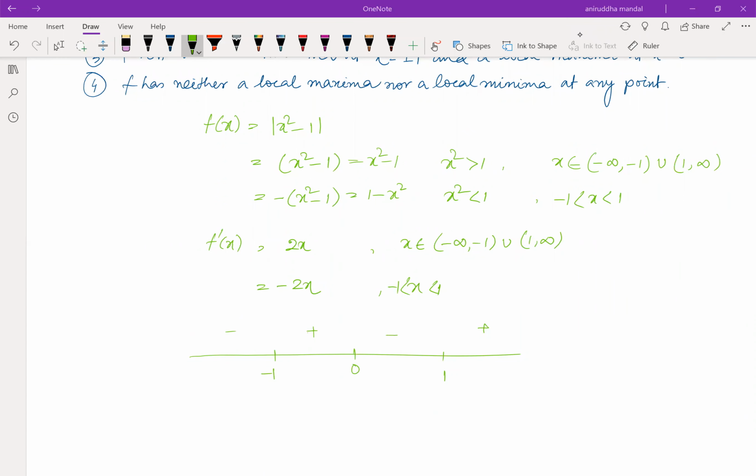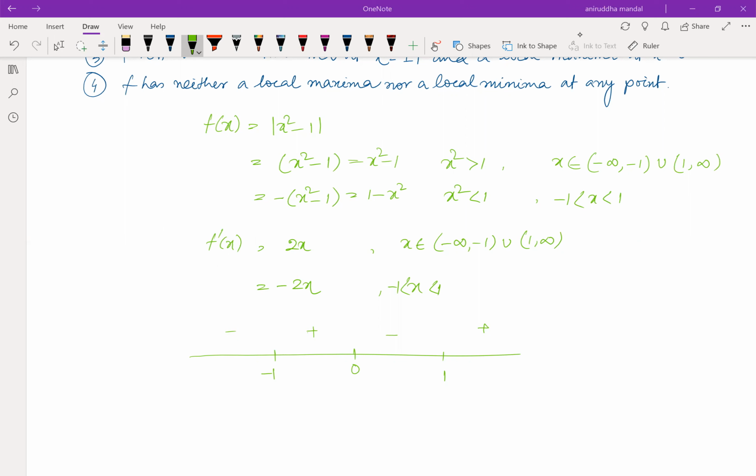Now we have plotted the sign scheme of f dash x. For x beyond 1, it is always positive, and for x less than minus 1, it is always negative. And for the second function, from minus 1 to 0 it is positive, and from 0 to 1 it is negative.